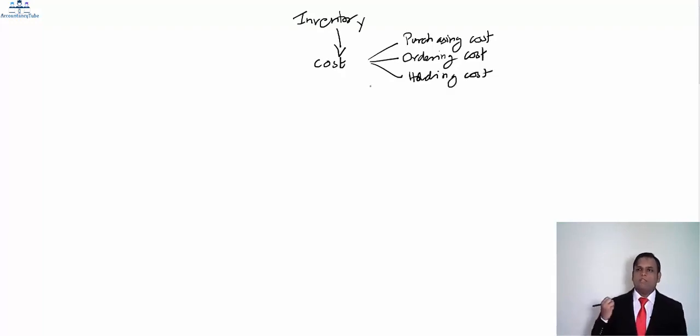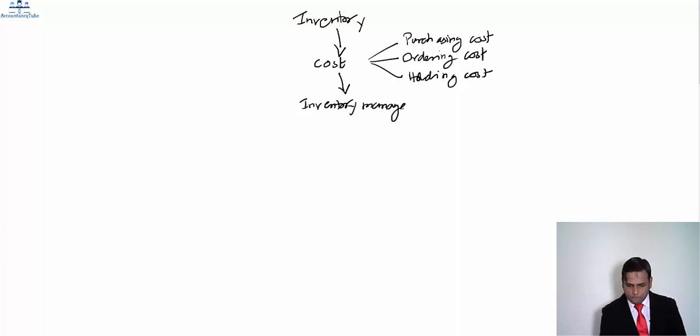Now we know that there is inventory, and now we know there is cost. The next step is where we financial managers come into play, and that is management, that is inventory management. Now there are two ways through which we manage inventory.